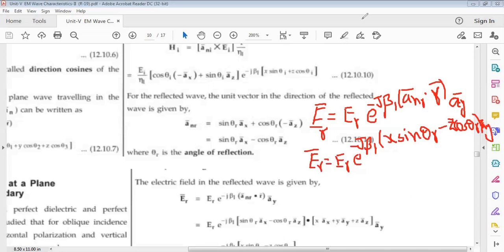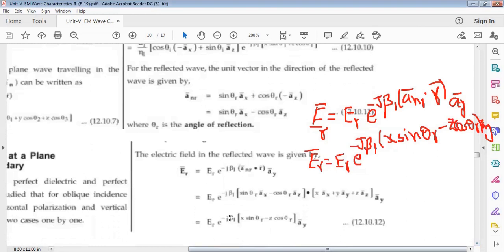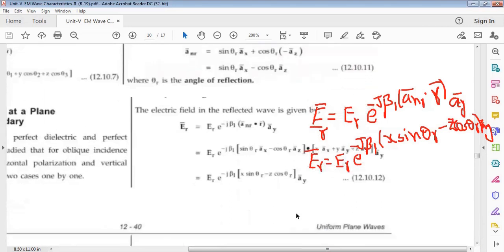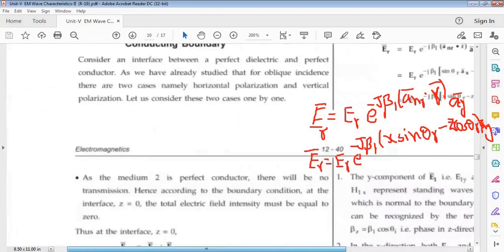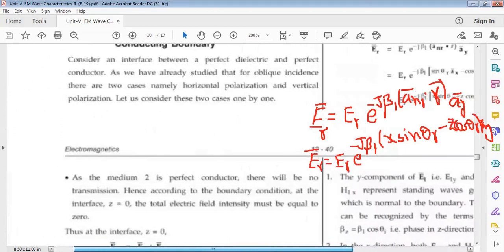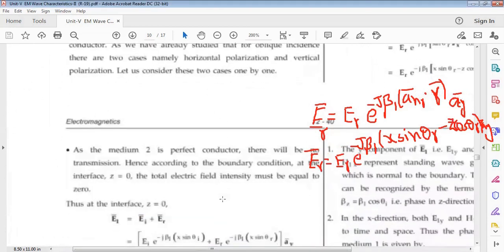After the dot product, ER into e power minus j beta 1, X into sine theta R minus Z into cos theta R, into AY bar. Okay. Similarly, you can find out the magnetic field also.